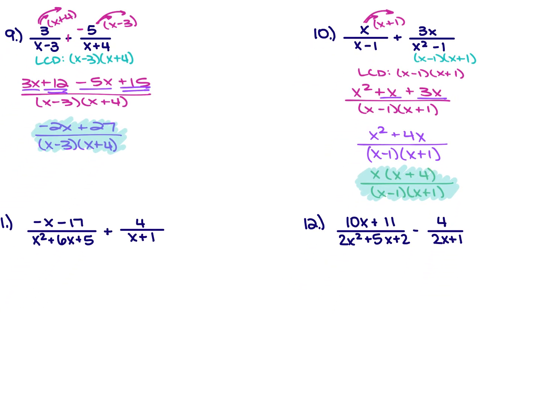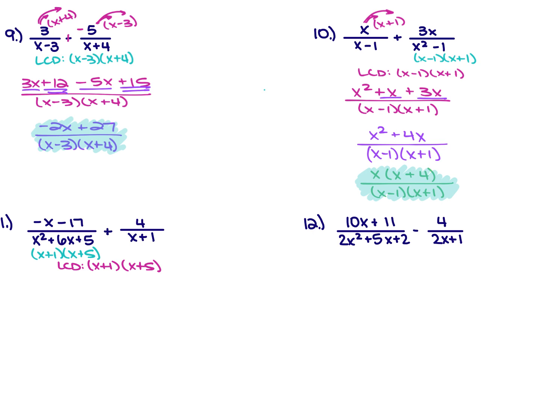For number 11, you have negative x minus 17 over x squared plus 6x plus 5 plus 4 over x plus 1. That x squared plus 6x plus 5 factors to be x plus 1 times x plus 5. So your least common denominator is x plus 1 times x plus 5.